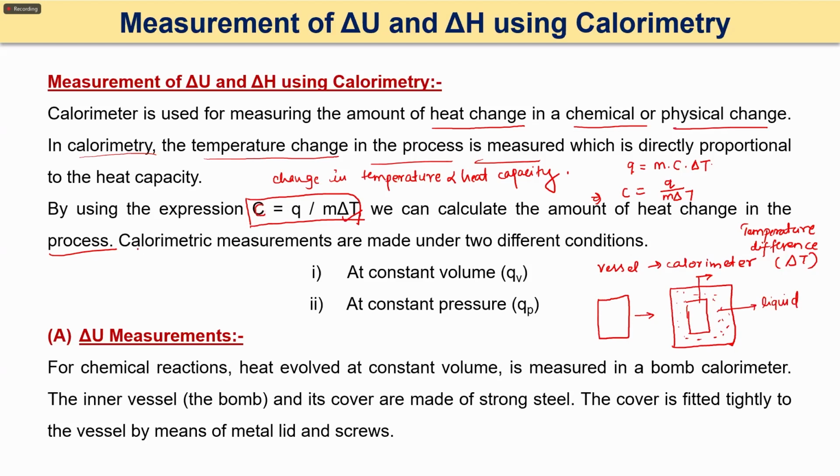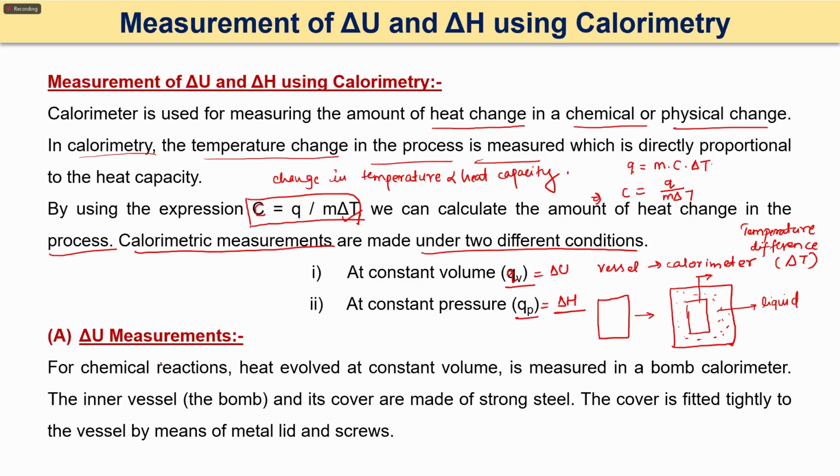Calorimetric measurements are made under two different conditions. If we do it at constant volume, then it will be QV, which is nothing but your change in internal energy delta U. And if it is at constant pressure, that is QP, nothing but delta H, that is change in enthalpy.